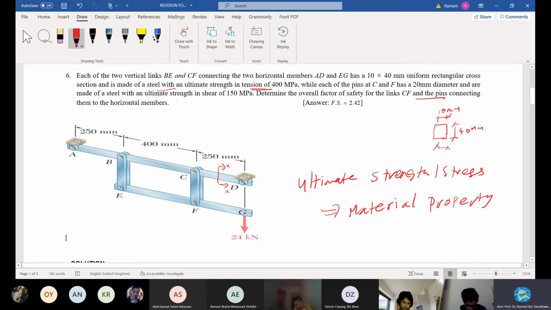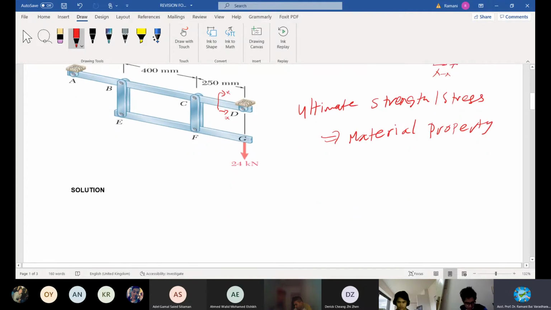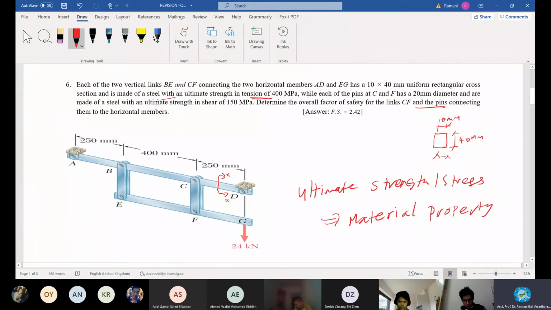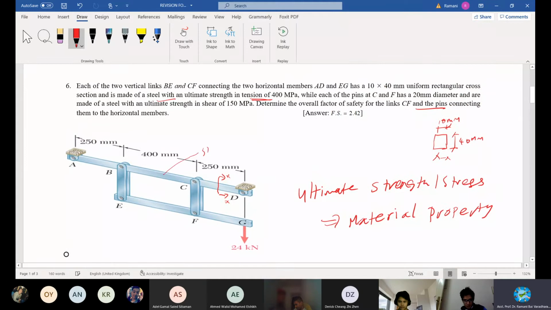If you see the stress strain graph, ultimate strength is the strength up to which you can load, after which it will start breaking. At one point it will get broken. So this is the ultimate strength of the members given. This is steel. Okay, this is also steel. The pins are also steel pins, and this ultimate strength is given.